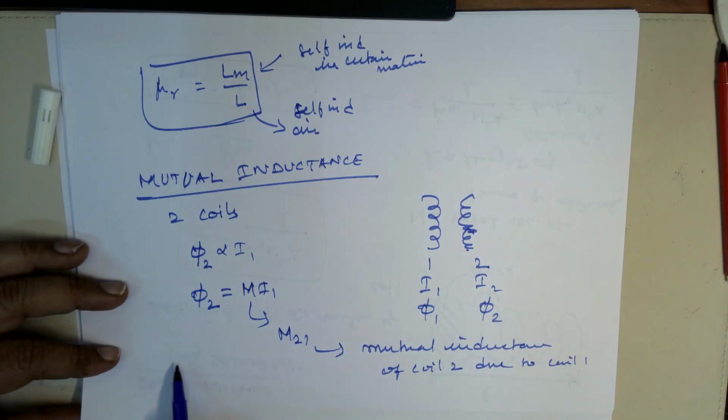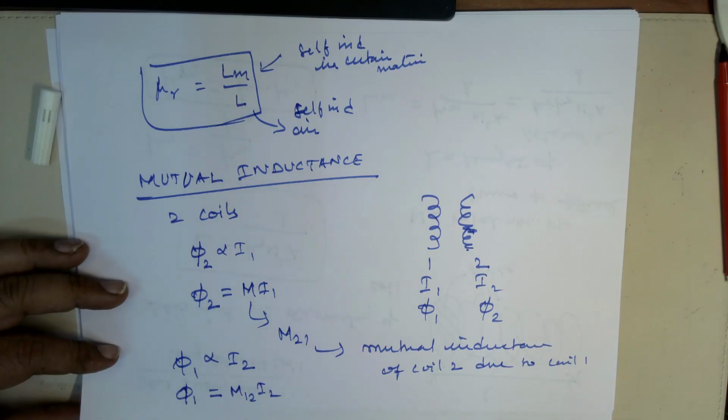So similarly, you have phi 1 due to I2. So in that case, phi 1 is equal to M12 into I2.